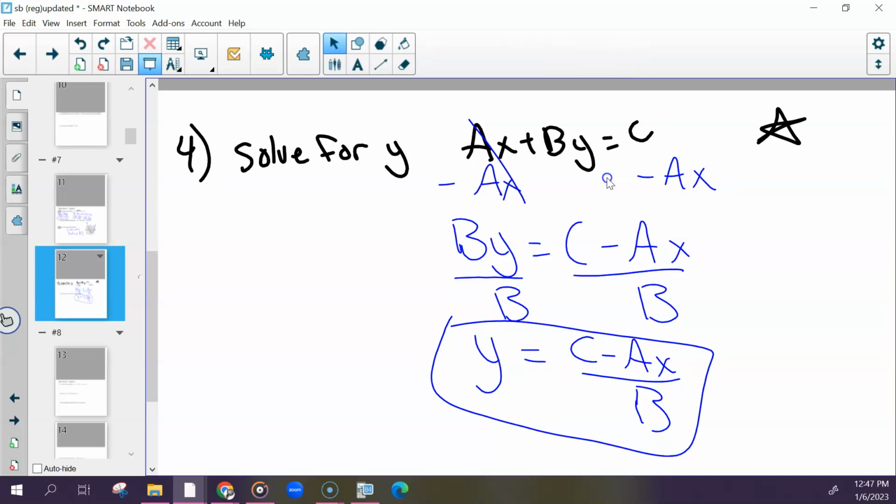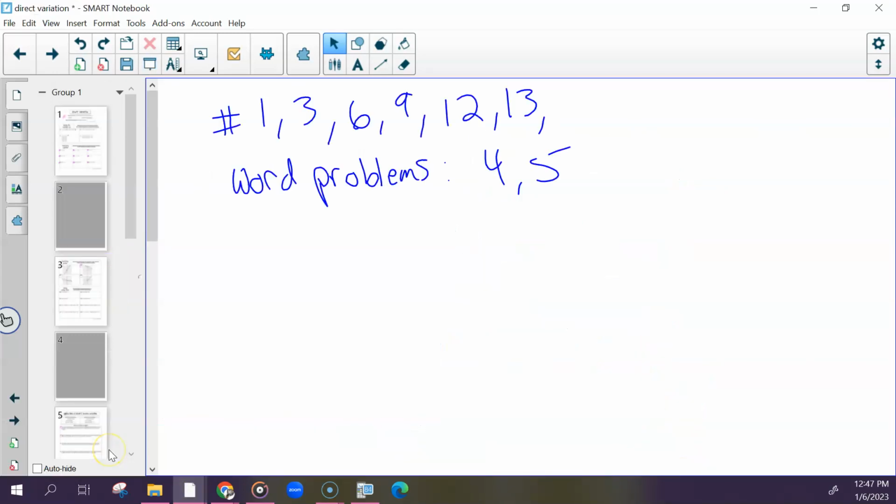Okay. Take out your direct variation notes from last class, if you haven't already. I'm going to give you about 20 minutes to practice one of the following two things. In those notes, the last couple of pages are just practice problems.